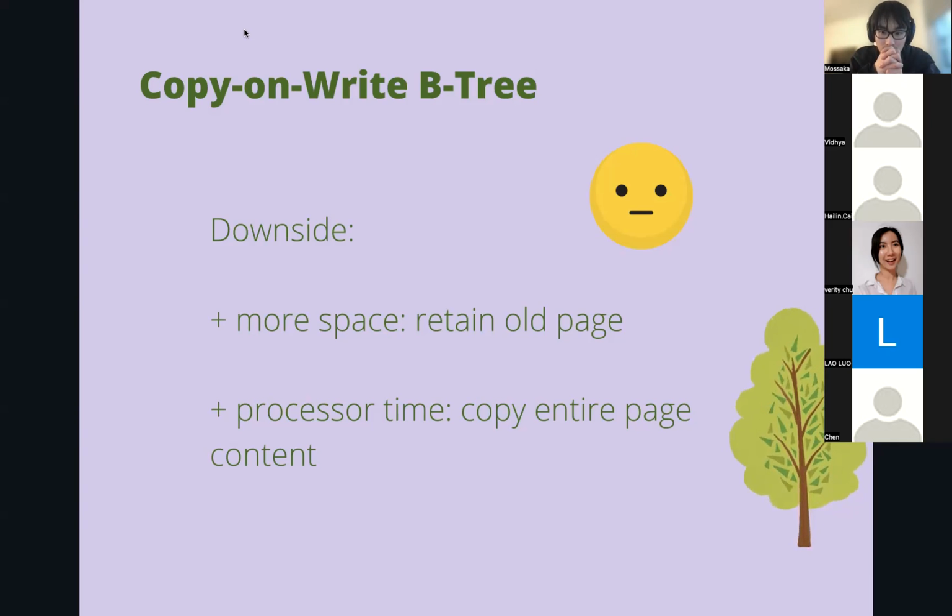However, it still means we have to retain the old page before the new page is ready, so this requires extra space. The other downside is processor time, because when we write on the new pages, we need to copy the entire old page content first before we perform any write operations.